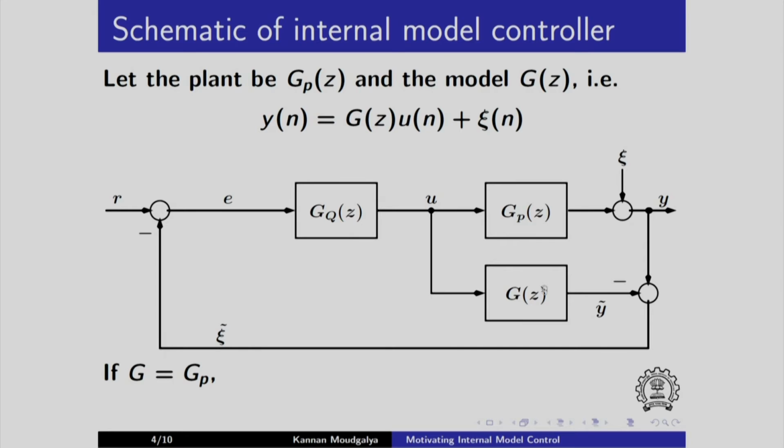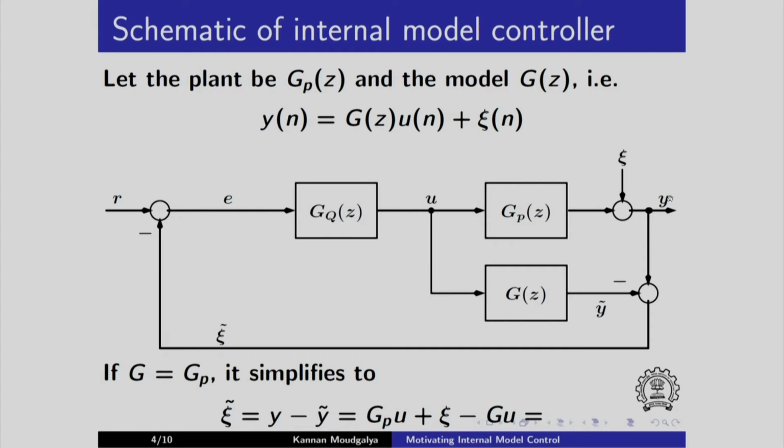What happens if we know the plant exactly, that is G equals GP, then C tilde simplifies as follows. So for Y we write GPU plus C, namely it is here.